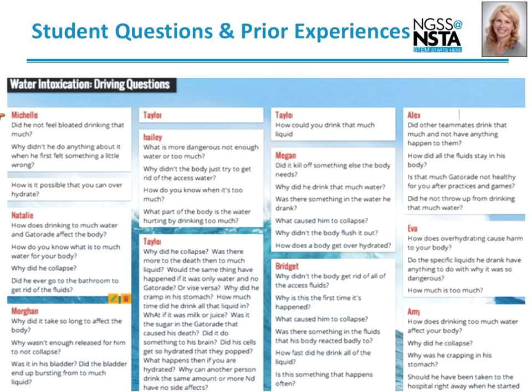And then here is a compilation of one of the classes, and each mini think tank or triad had a spokesperson that shared their group's questions. And in this case, we did it through media, but often in my classroom, the students just record their questions on Post-it notes. And they have discussions.